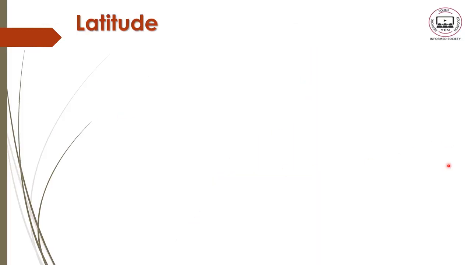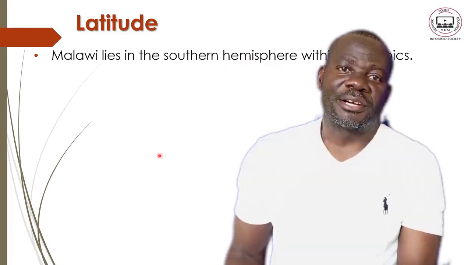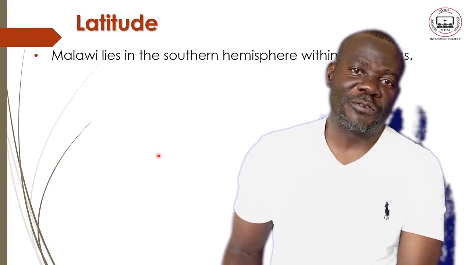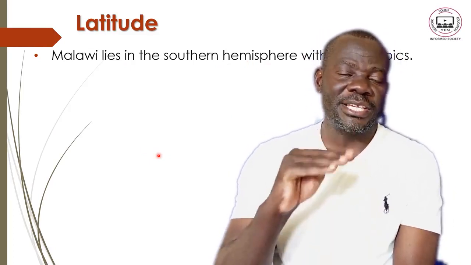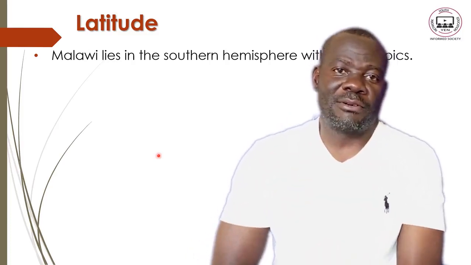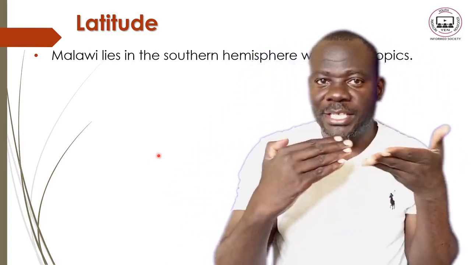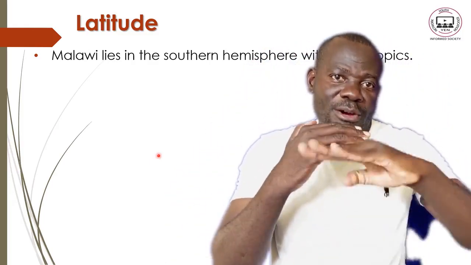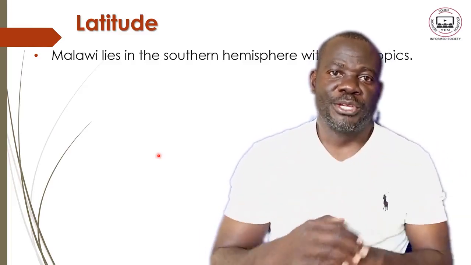Let's start with latitude. Malawi lies in the southern hemisphere within the tropics. Remember, we said that the climate of Malawi is tropical. What do we mean by the southern hemisphere? When we divide the Earth in the middle, Malawi is found on the bottom part of the Earth. That is the southern hemisphere.